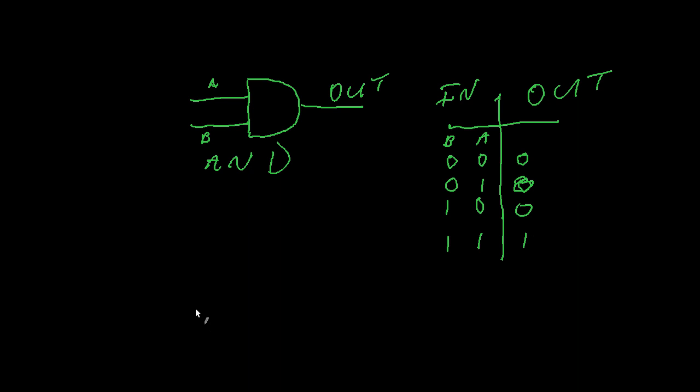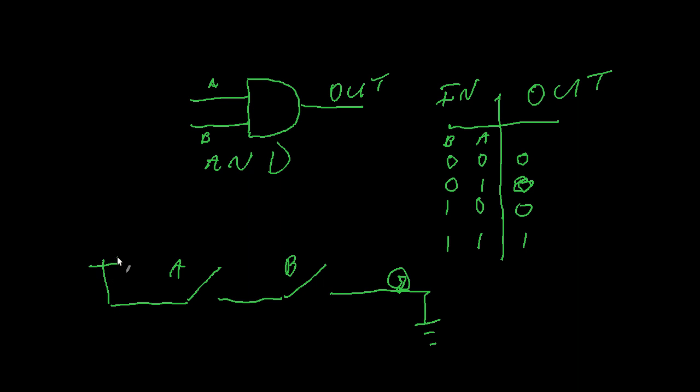So how would we draw the gate for this? Well, a circuit for this gate is going to look like this. Again, we have our two switches, our A switch and our B switch. And we have our little lamp here, and our voltage in.